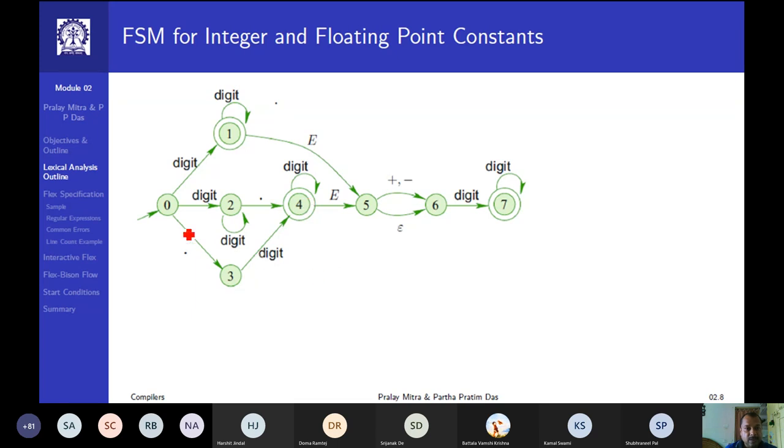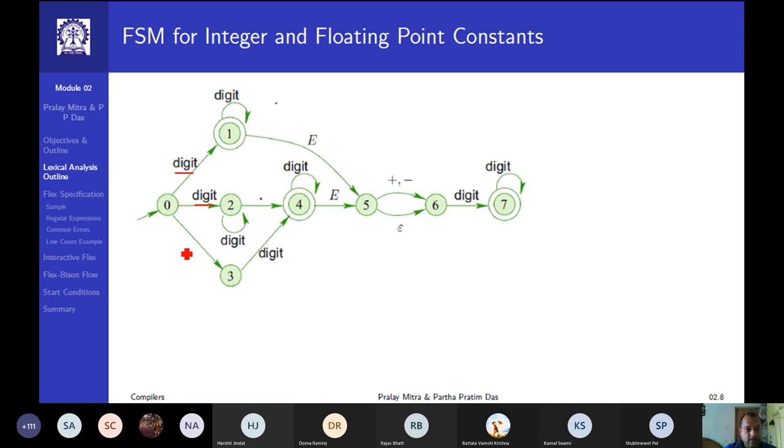Now, from the starting state, you can see that there are three paths. I will come to that later: these two may be combined, this path and this path. But if not, then there are three paths, 1, 2, and 3.